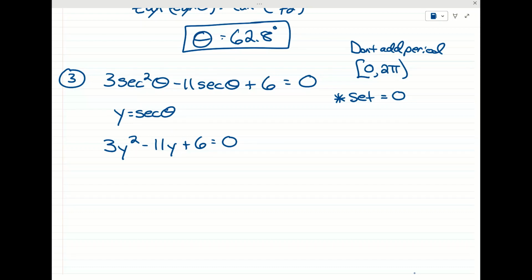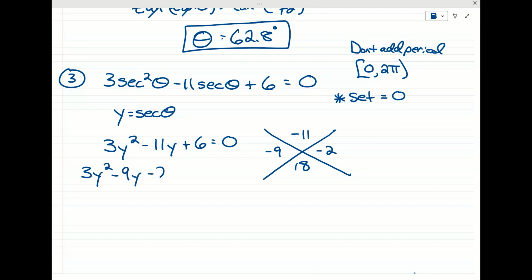And then from here, we have to talk about how to factor. What we could do is multiply 6 times 3 to get 18, and it has to add up to be negative 11. So we talked about factoring a lot in this class. We could use negative 9 and negative 2. And factoring, we'd get 3y squared minus 9y minus 2y plus 6 is equal to 0.